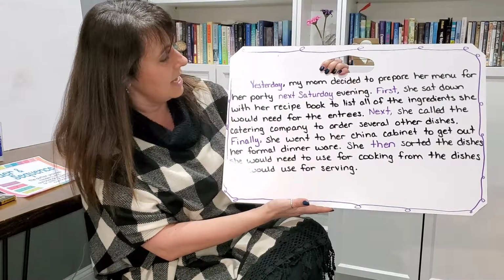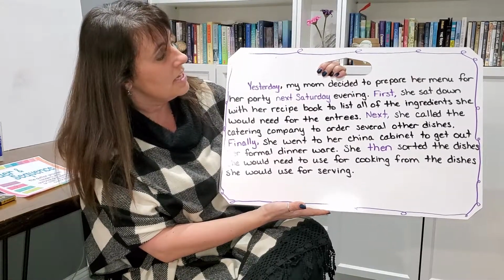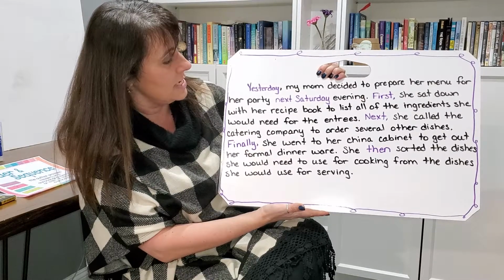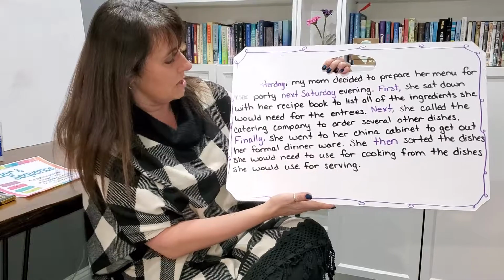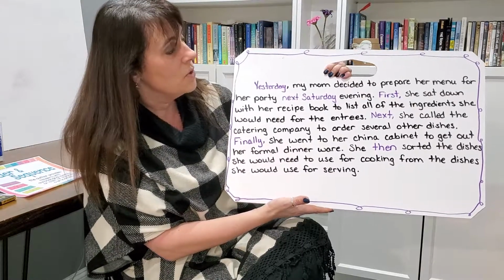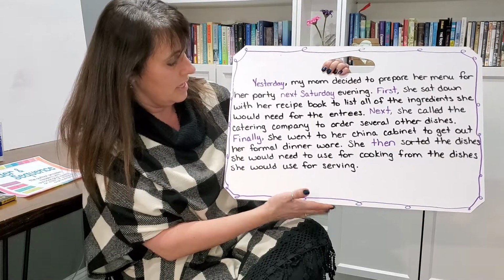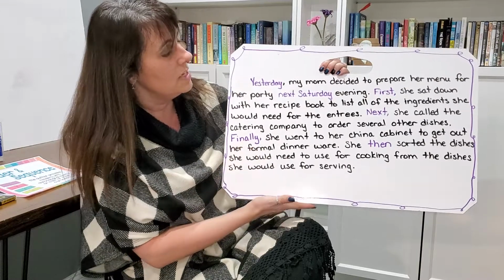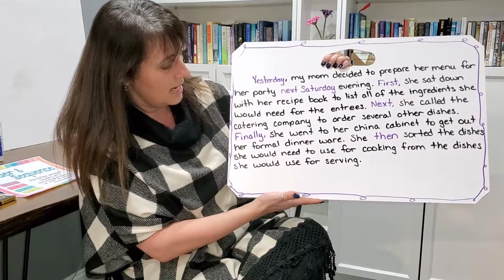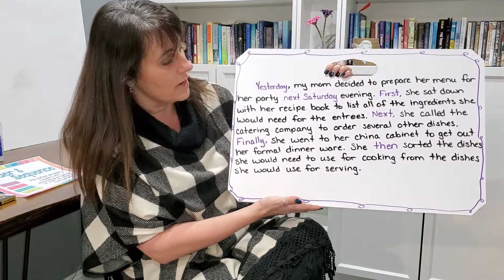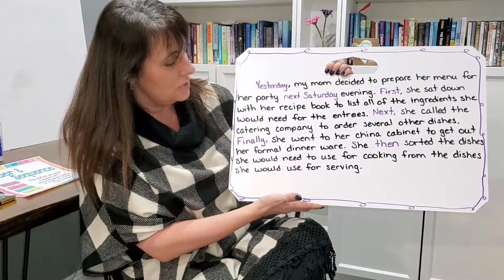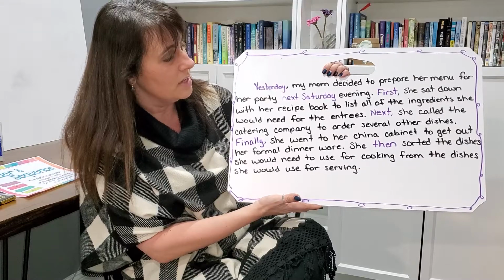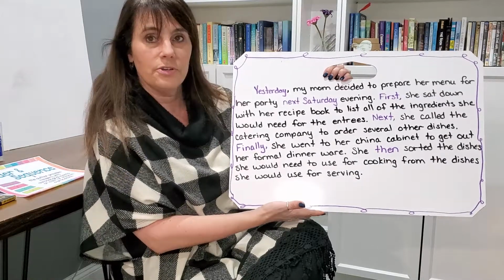First, she sat down with her recipe book to list all of the ingredients she would need for the entrees. Next, she called the catering company to order several other dishes. Finally, she went to her china cabinet to get out her formal dinnerware. She then sorted the dishes she would need to use for cooking from the dishes she would use for serving.